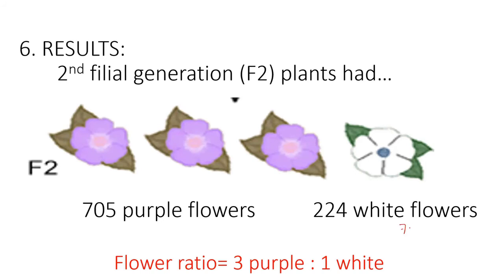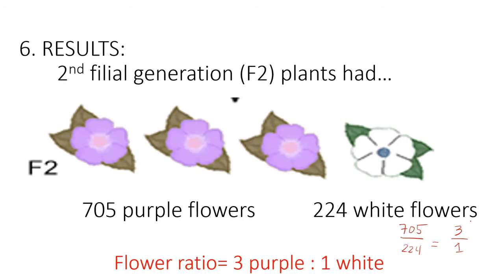I just divided 705 by 224, and you get this ratio, which is 3 to 1. Okay. So what does it mean? It means that in the F1 generation, some traits were hidden, or were not shown, but those hidden traits were observed in the second generation.